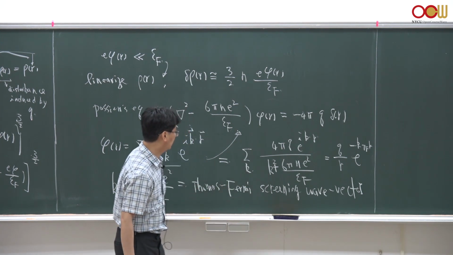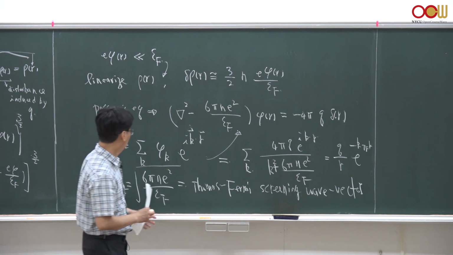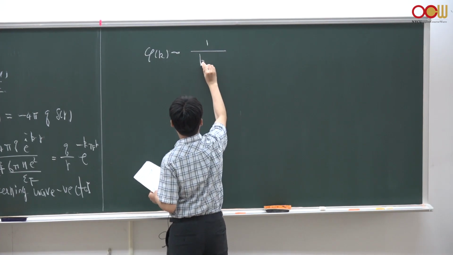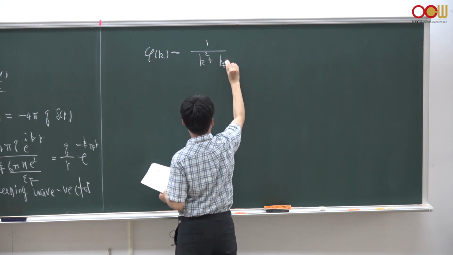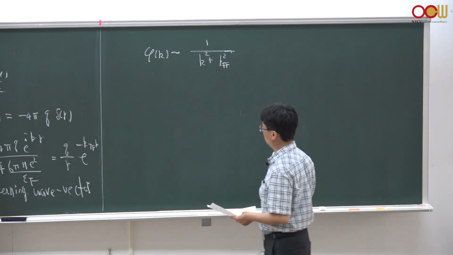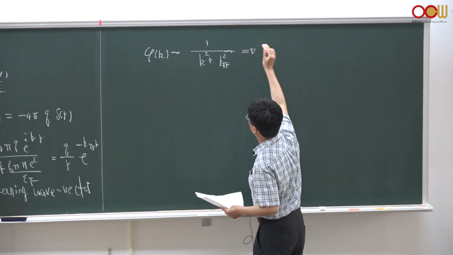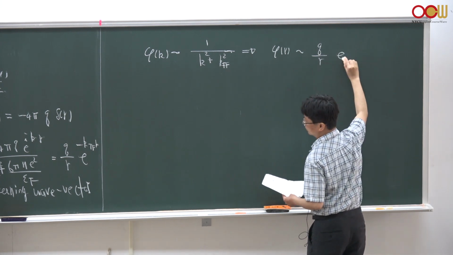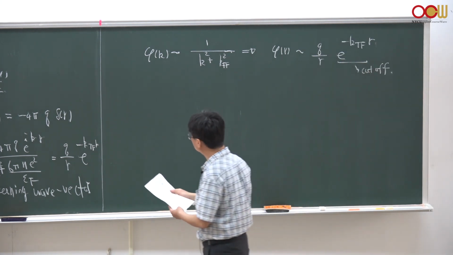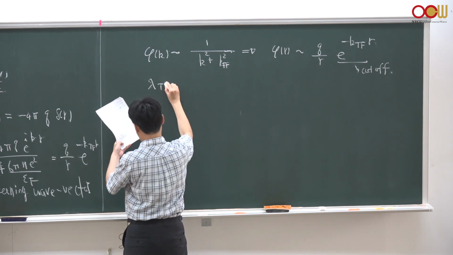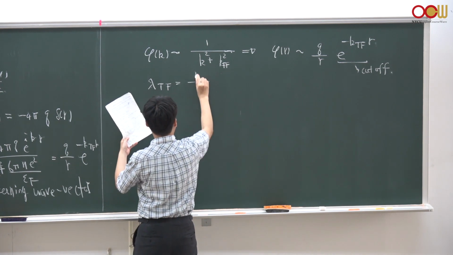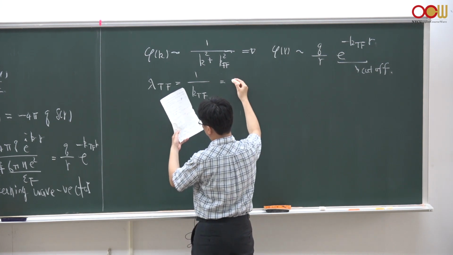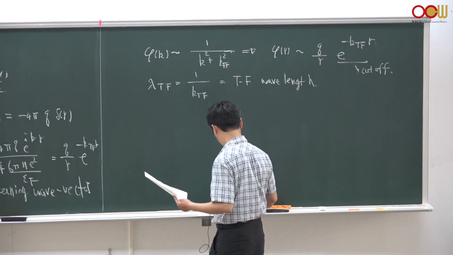So once you know that the Fourier transform of this potential, psi of k, goes like k squared plus some constant called the Thomas Fermi wave vector, then it is straightforward to show that this simply gives you a cutoff. This is your cutoff. And there is a very popular parameter, which is the inverse of this Thomas Fermi wave vector. It's called the Thomas Fermi wavelength, lambda TF, and this is the solution.